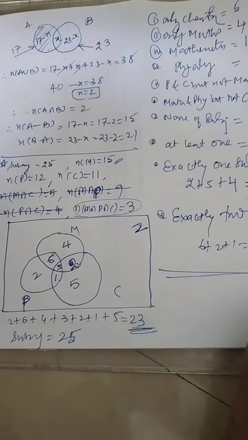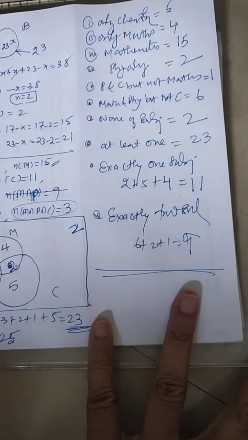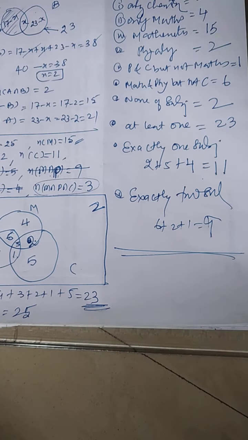So there are many possible questions you can answer if the Venn diagram is ready. So the better approach will be the Venn diagram, but you should know the approach of solving the question both ways. So more or less this is the concluding part of Set 3. In Set 3 we saw the definition, then the types of sets. Apart from the types of sets, we learned what union and intersection are, their definitions.